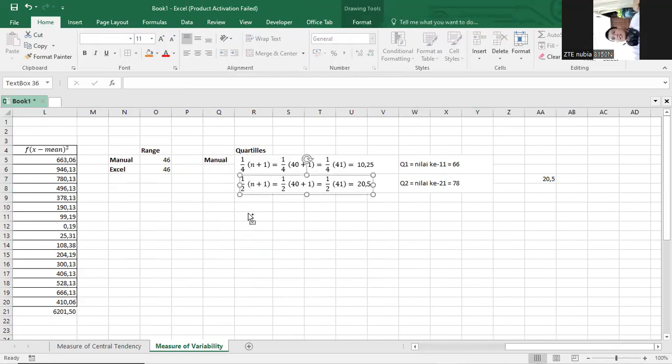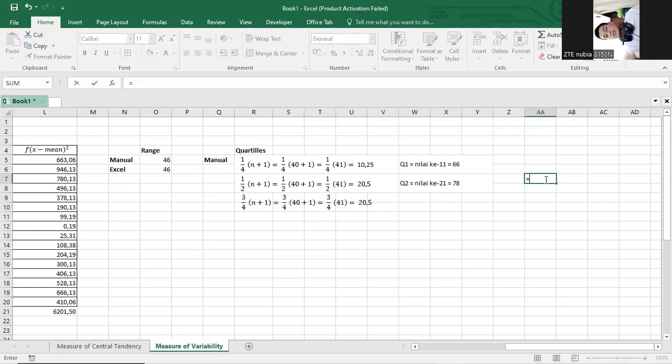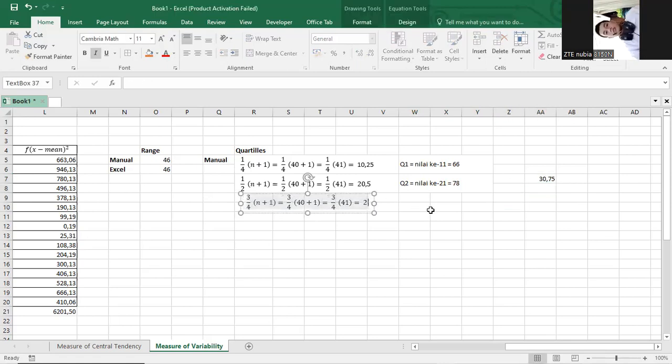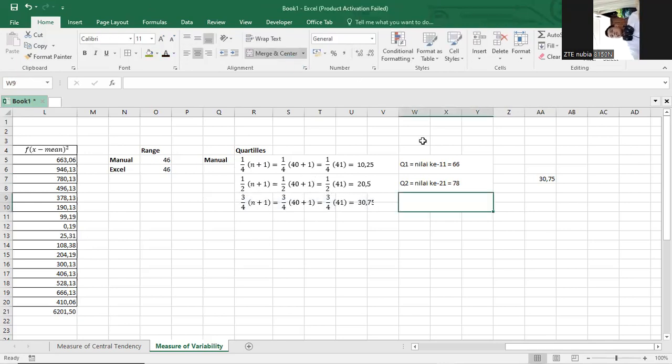And lastly is quartile 3. The formula for quartile 3 is 3/4. Three over 4, we can calculate the result here. 3/4 times 41, the result is 30.75. And we do the same here.